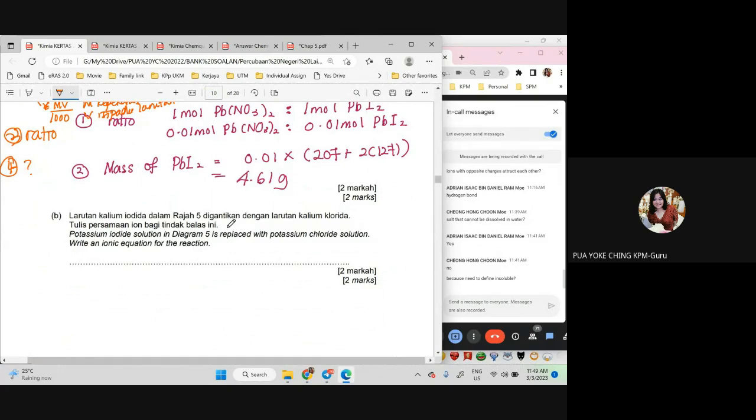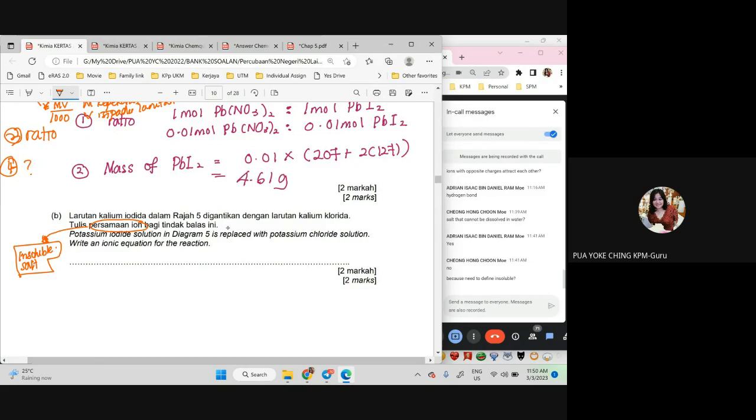Larutan kalium iodida dalam rajah 5 digantikan dengan larutan klorida. Tulis persamaan ion bagi tindak balas ini. Okay. Persamaan ion, cikgu bagi cara malas. Persamaan ion, kalau you dah tahu, you punya insoluble salt adalah siapa? So, persamaan ion ini hanya berdasarkan insoluble salt.